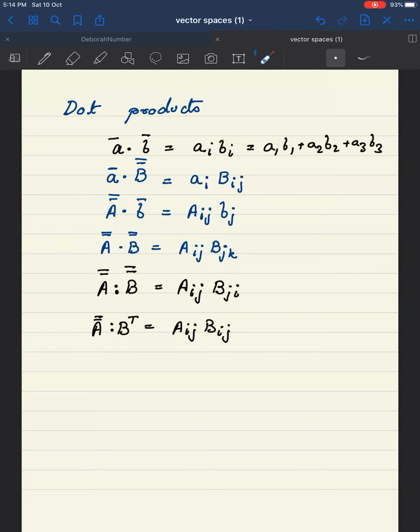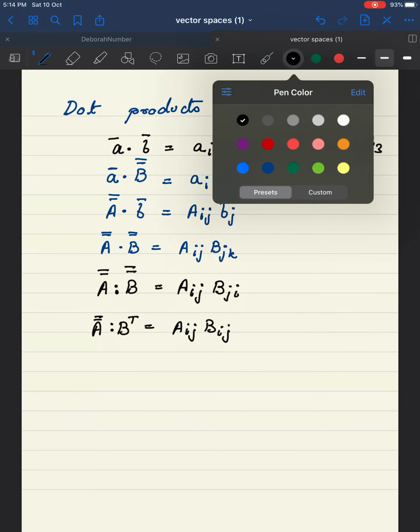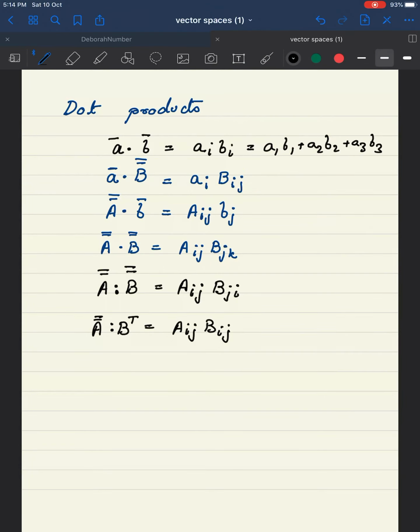So, now before we go on to some of the theorems, we are going to look at some of the important operators, including the gradient operators. Okay. So, operators.